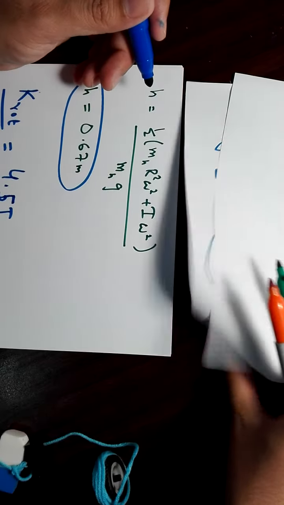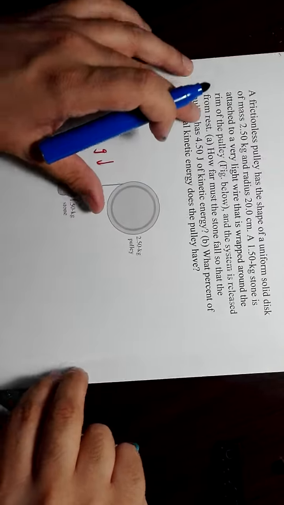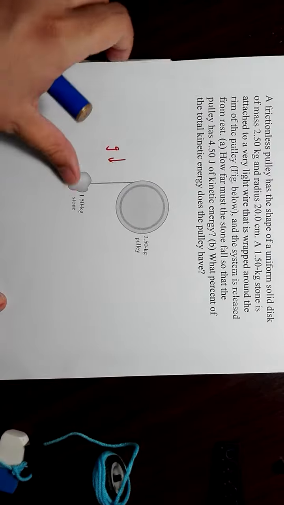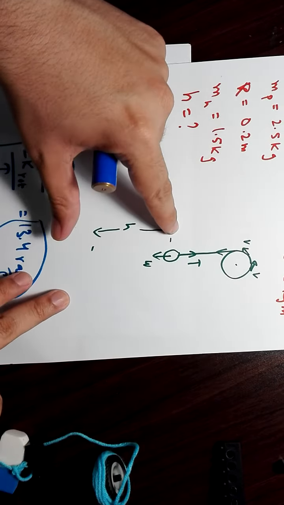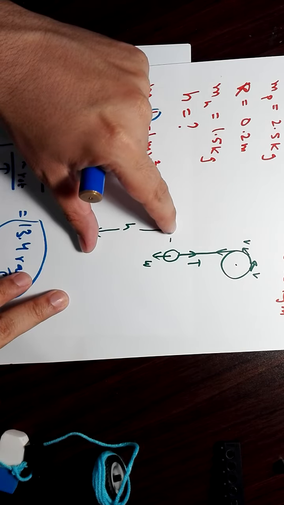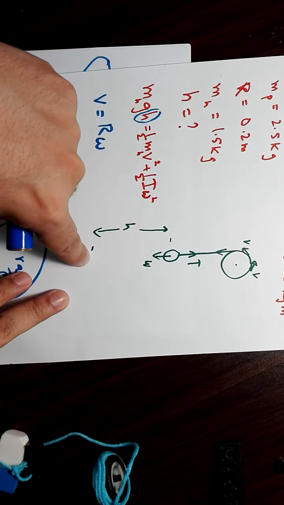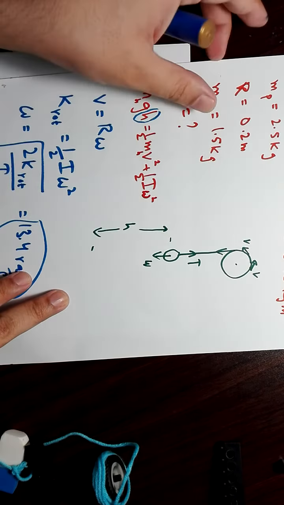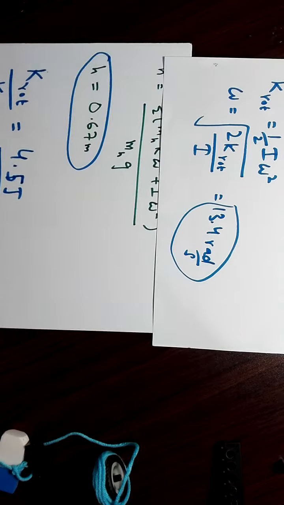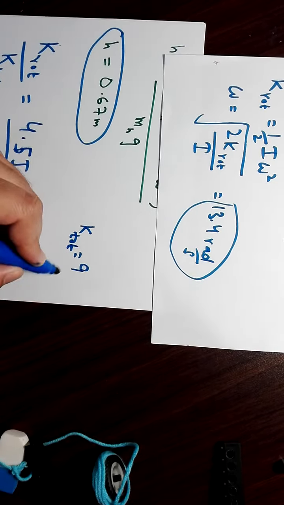Remember, the total kinetic energy is the sum of the energies. When the mass starts, it has some potential energy. All that potential energy is converted into the total kinetic energy that we have, the rotational plus translational. So when you calculate mgh, the total kinetic energy turns out to be 9.85 joules.